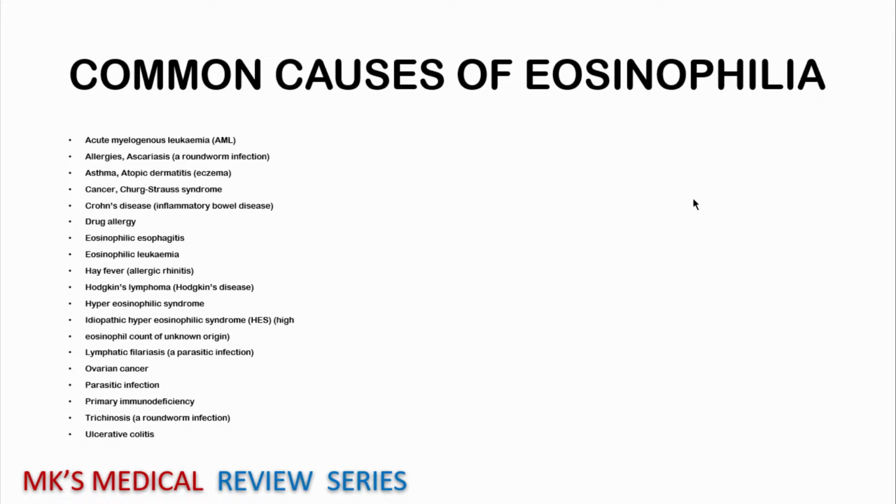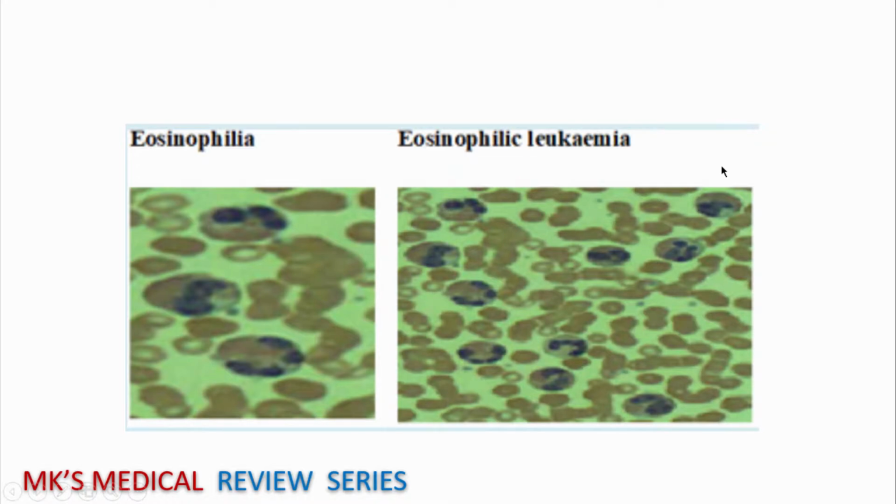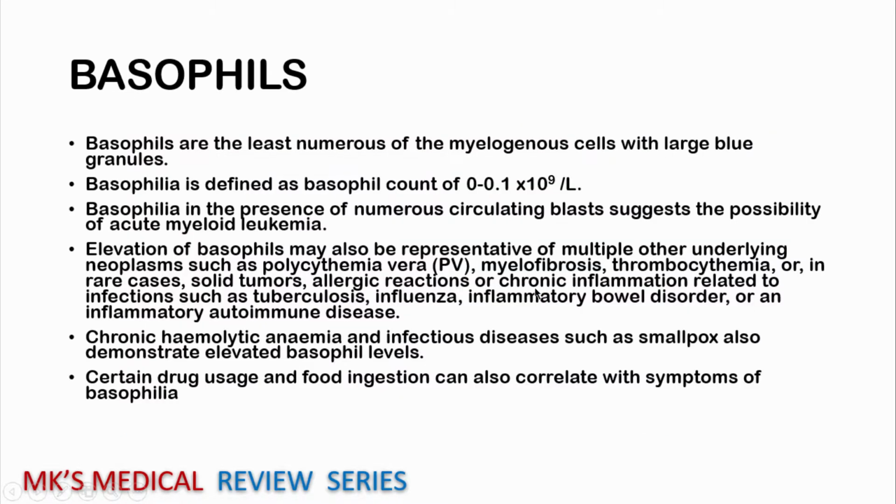You may have lymphatic filariasis, which is a parasitic infection, ovarian cancers, parasitic infections, primary immunodeficiency, trichinosis, which is pretty much a roundworm infection, and ulcerative colitis. So here's an example of eosinophils. And of course, this is a patient with eosinophilic leukemias.